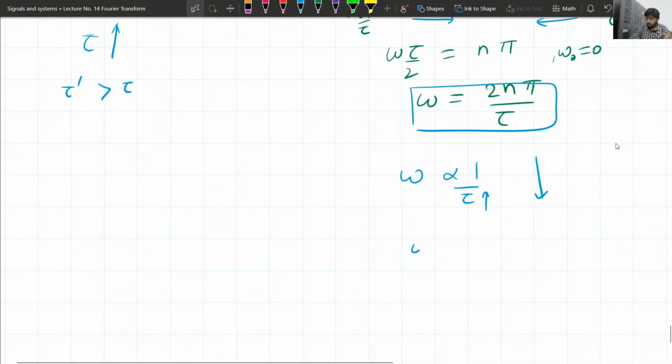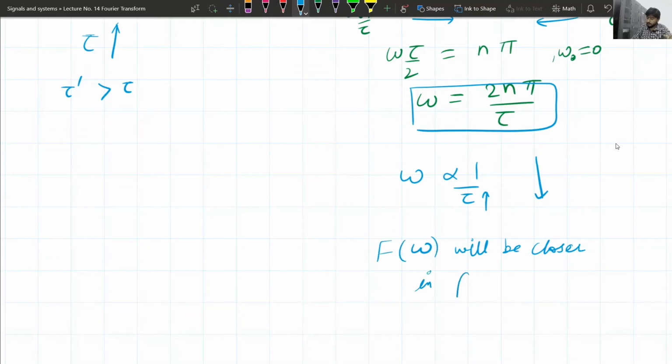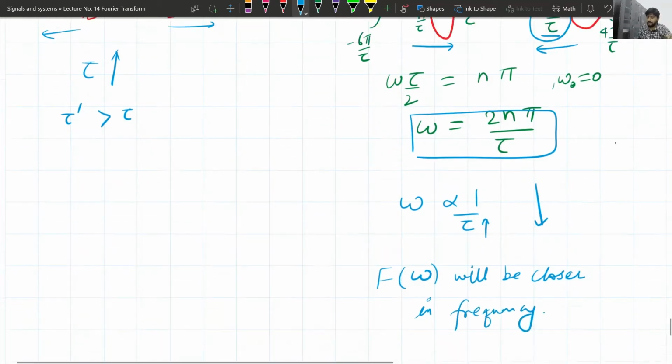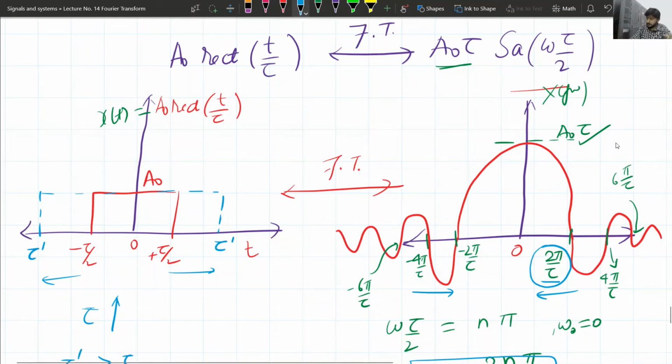That means omega will be closer, or you can say the function will be closer in frequency, or in other words, this graph will try to contract because these values are coming closer, the values of omega are shrinking.